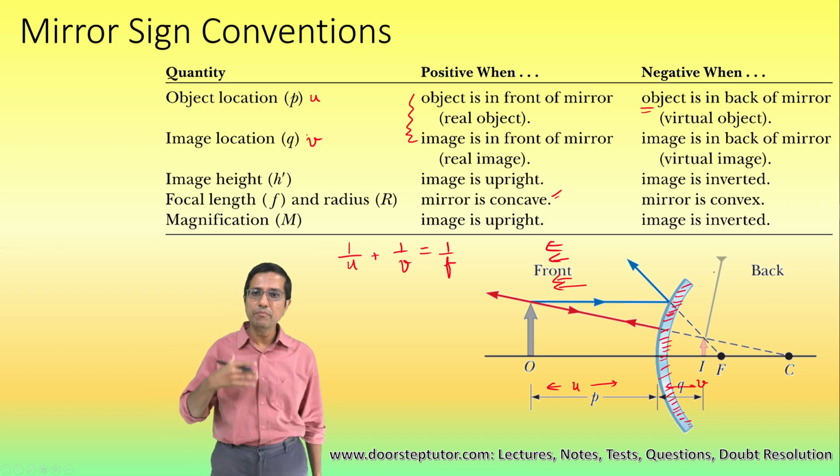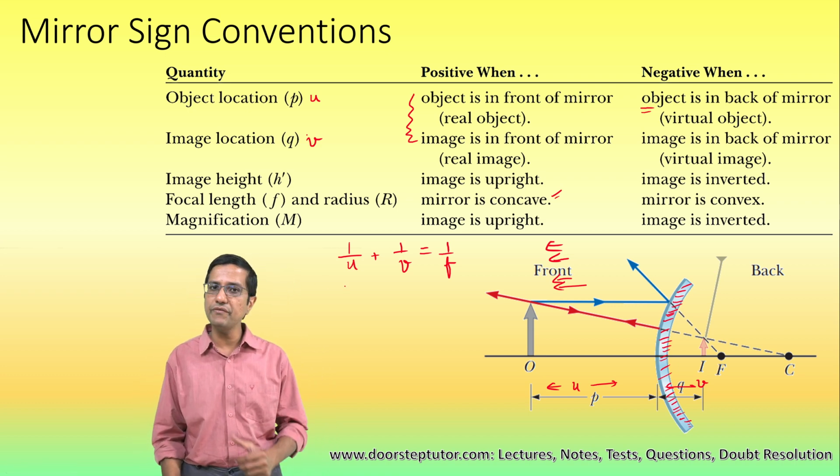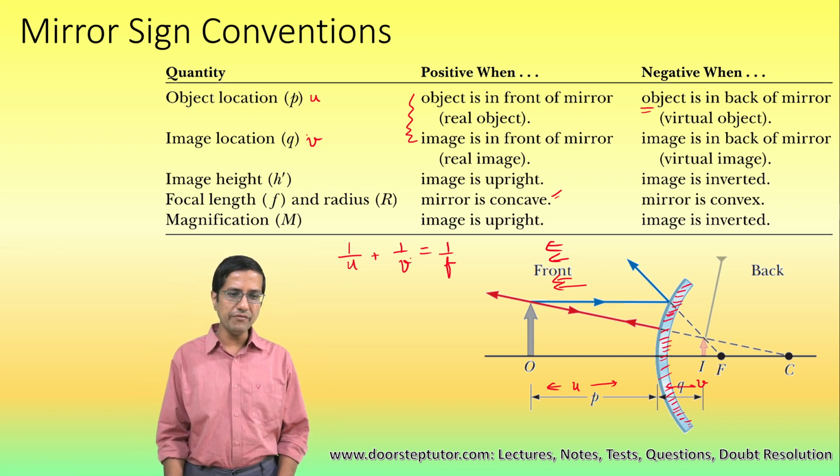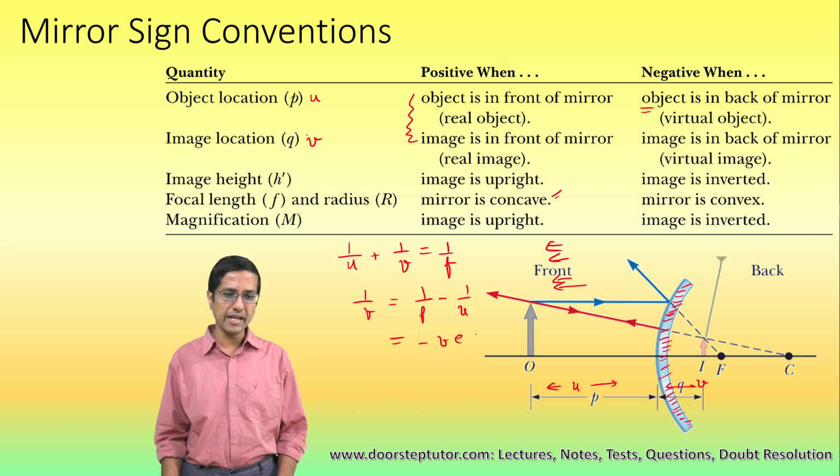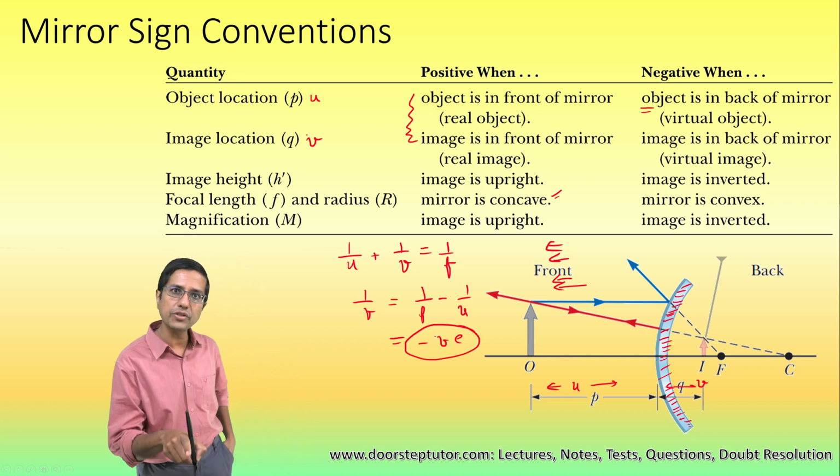Now what does negative u and negative v mean? Understanding negative v is simple. You have done some computation, computed your value of v, and in the end this value comes out to be negative.